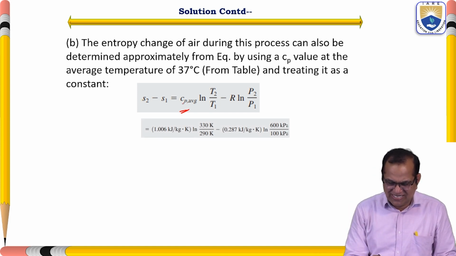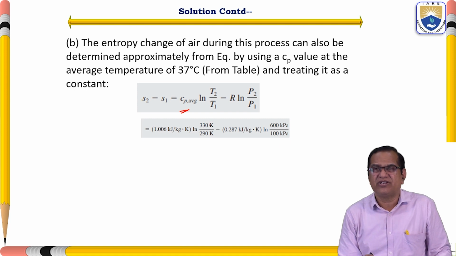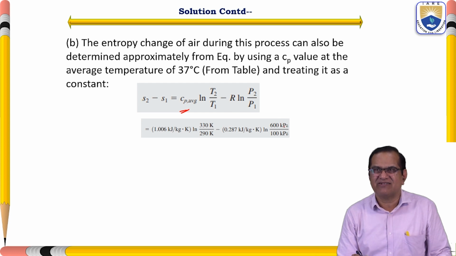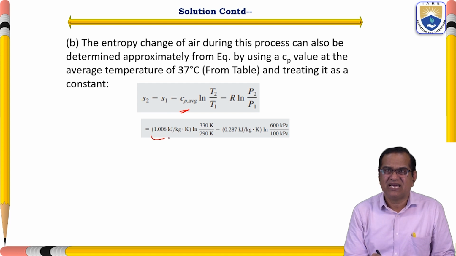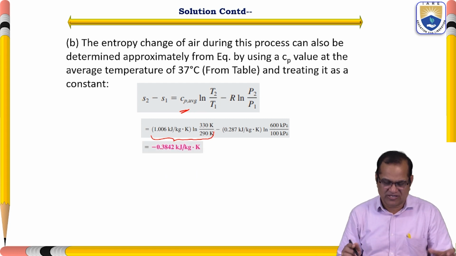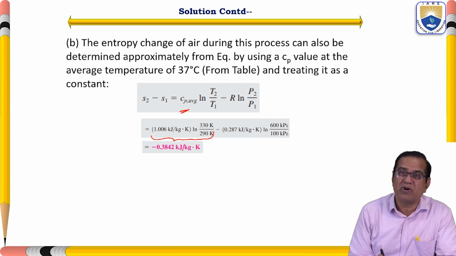Cp of air is 1.006 kilojoule per kg Kelvin times ln of 330 Kelvin divided by 290, minus 0.287 kilojoule per kg Kelvin times ln of 600 kilopascal divided by 100 kilopascal. So this is direct from the equation, where we have to put the values and see how much difference we are getting. So here we will get minus 0.3842 kilojoule per kg Kelvin.